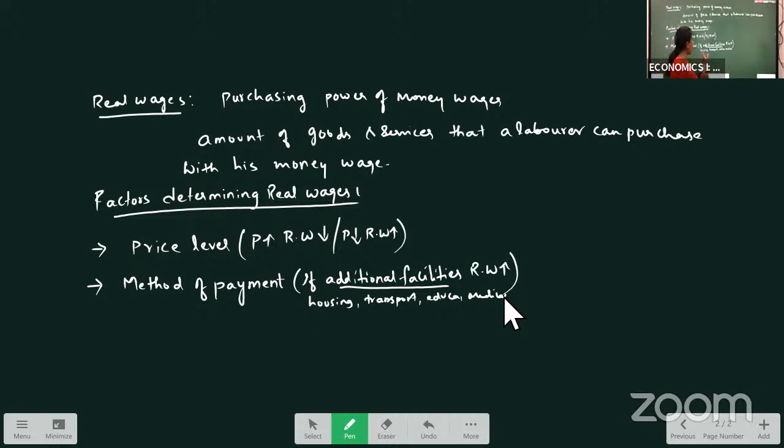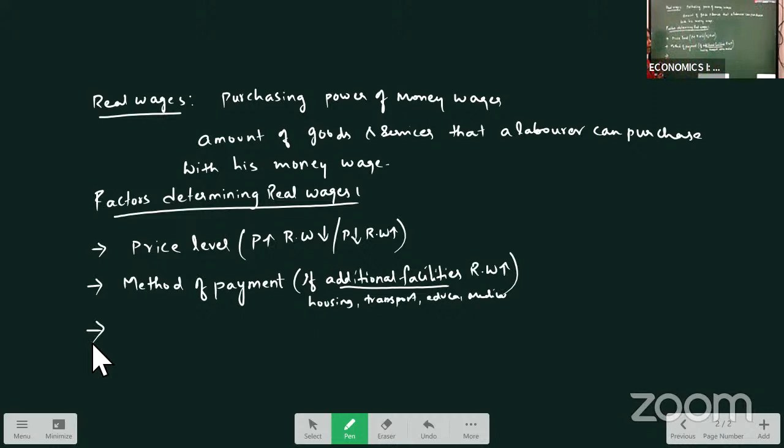Whereas if all these facilities are not given by the employer, then your real wages will be low. Got the point here? Method of payment means if additional facilities are provided to the laborer, then real wages will be high. Okay, remember this point here.